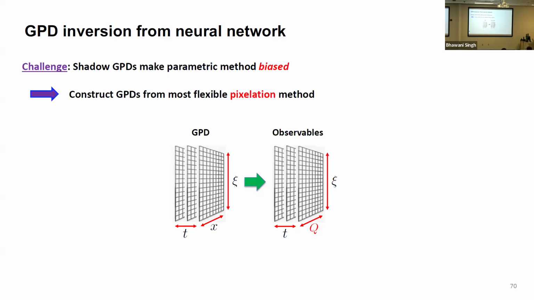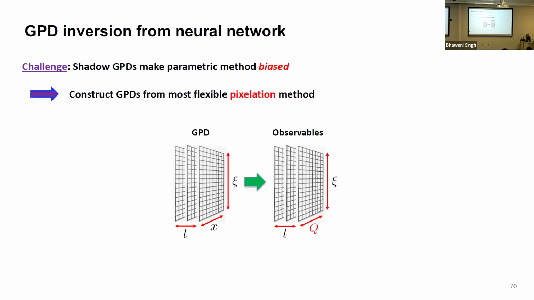So one way to avoid that is to take a neural network method. This is something I have been working on, and the way we do it is to model the GPD as a discretized grid in the 3 dimensions of the GPD variables, x, ψ, and t.